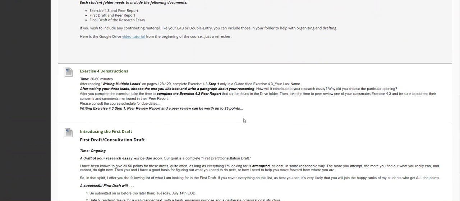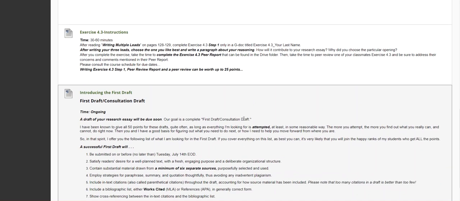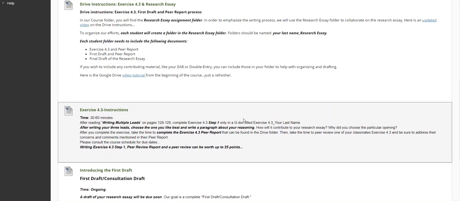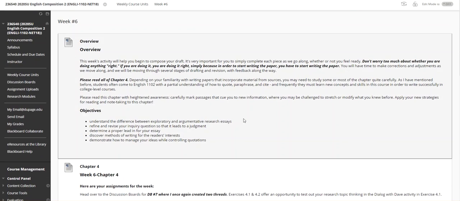All right, but that's just the first draft instructions to go along with the drafting process that aligns with chapter 4. Everybody should be working on exercise 4.3. Okay, if you have any questions, please send me an email about the first draft. Little tip, you might want to look at the final essay draft criteria and grading in the week 7 course unit.